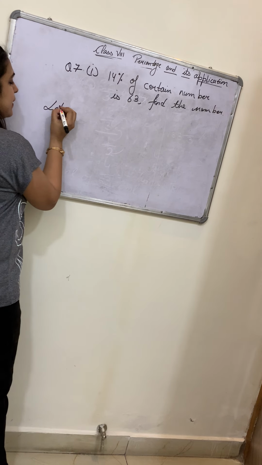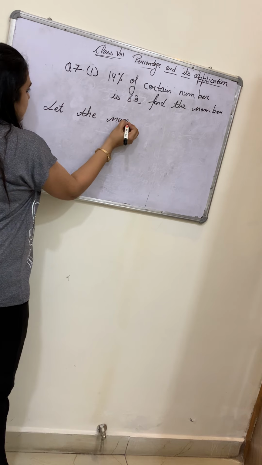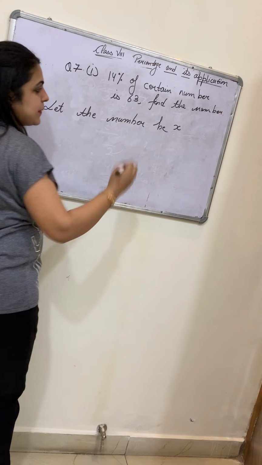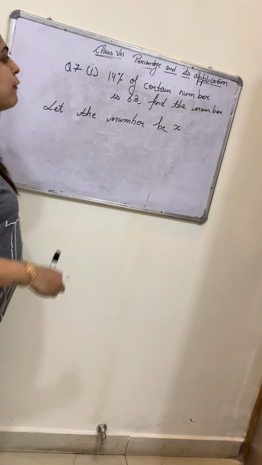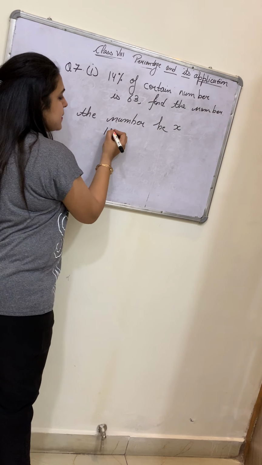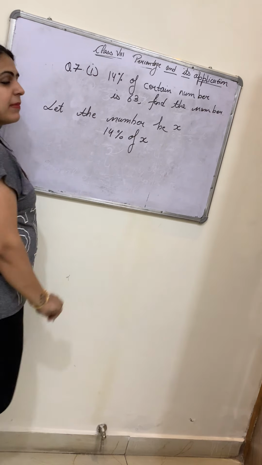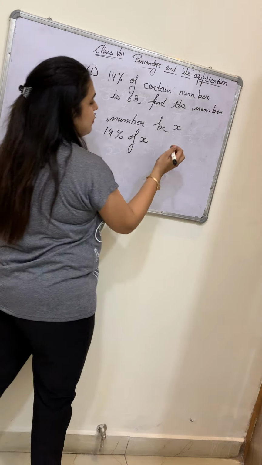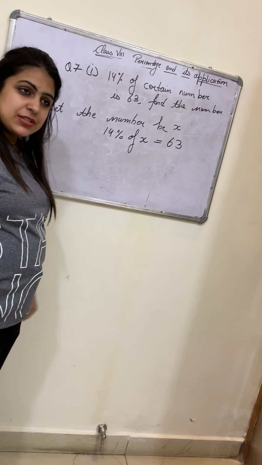Let the number be x. What have we done? We have assumed that the number be x. 14% of that certain number x is 63. 14% of x is equal to 63.